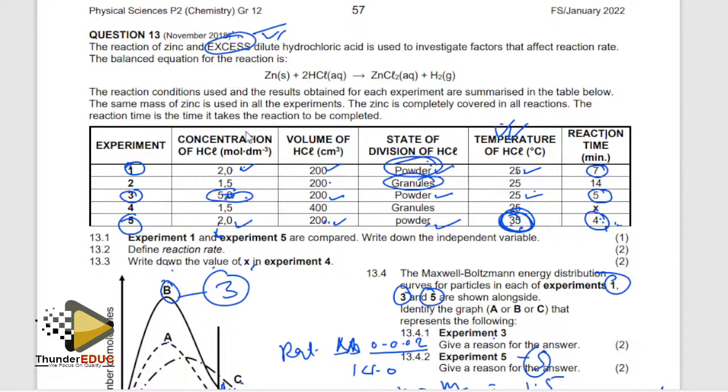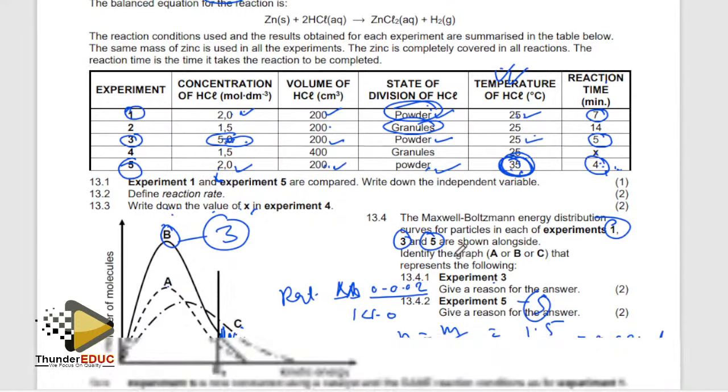When they bring the word excess, now I'm talking about the prediction, make sure that excess does not finish up fast. In most cases, whenever they bring it, you have to ignore it. Why? Because it is in excess. Yes, it will not finish up unless the volume they have used there has been reduced. Then that's when it might be influenced.